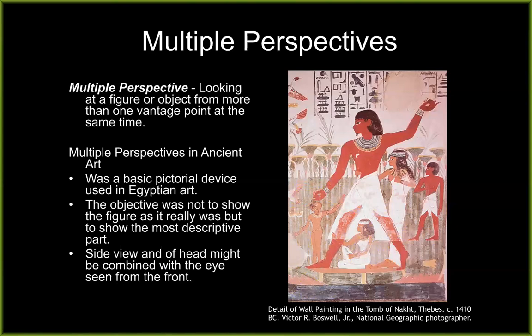So you have figures that are shown to the side, but yet they'll have a front-facing head, and they use this just to show the most descriptive parts of the image, the object or image or person, and it wasn't really meant to reflect reality.